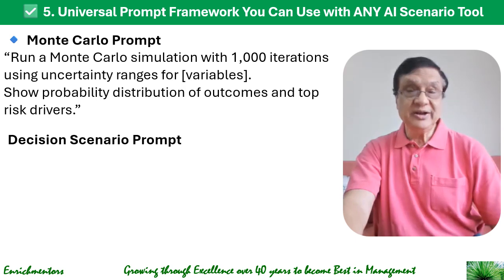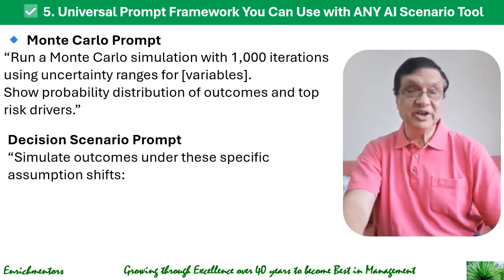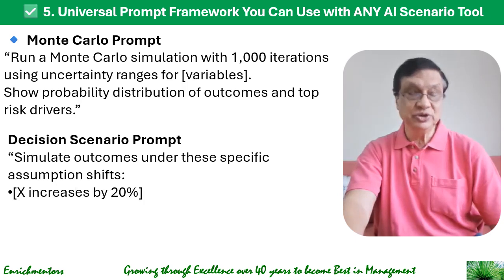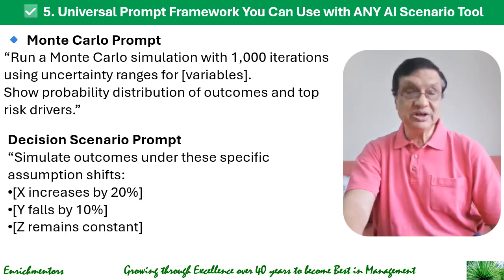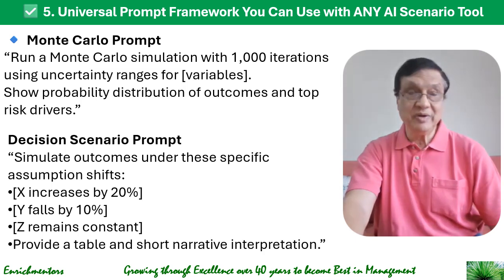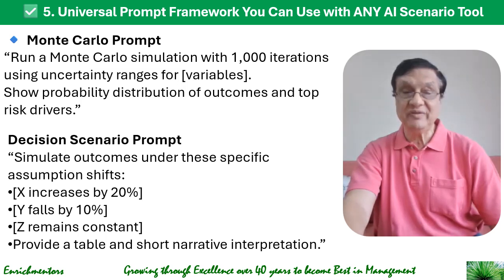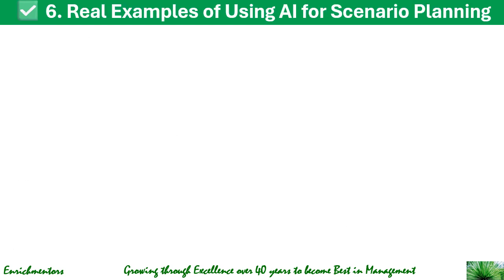Also, let's see the prompt for decision scenarios, where you say simulate outcomes under a very specific assumption shift. And then you mention those conditions: X increases by 20, Y falls by 10, Z remains constant, and ask it to provide a table and short narrative interpretation.